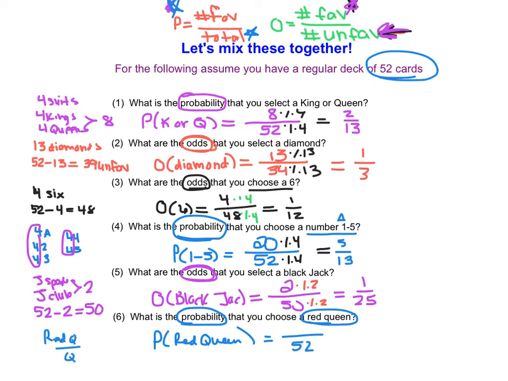So I have a queen of hearts and a queen of diamonds. So I have 2 red queens in my deck. I then simplify this fraction, and we end up with a probability of choosing a red queen of 1 over 26. So you have to be careful on these. You have to note, do I have probability or do I have odds, and note how they are different.